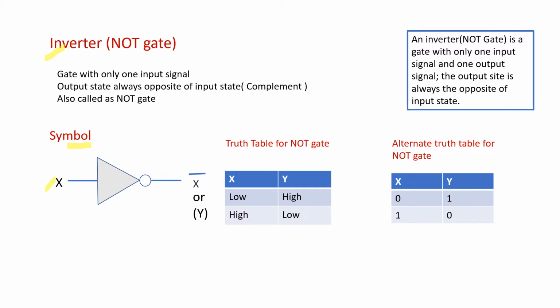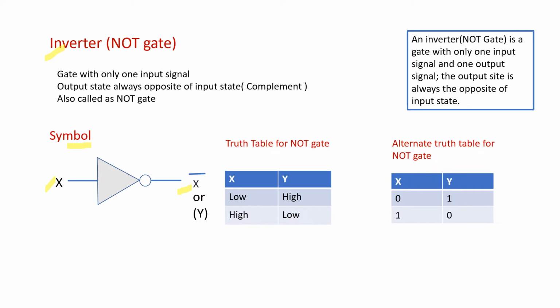And what an inverter does is that it takes only one input and produces an output, and the output state is always opposite of the input state, or we can say it's a complement of the input state.